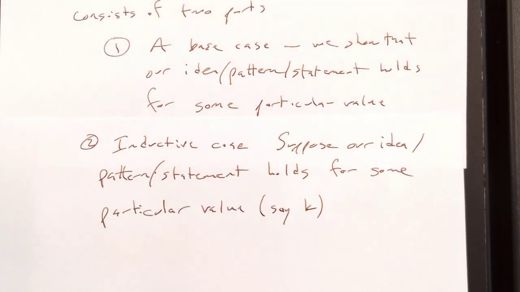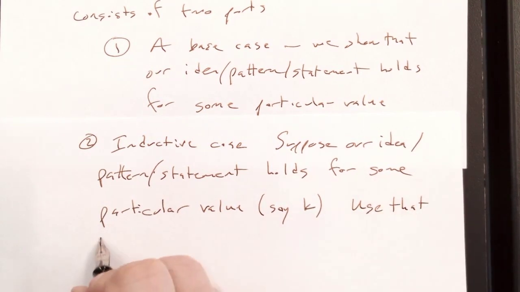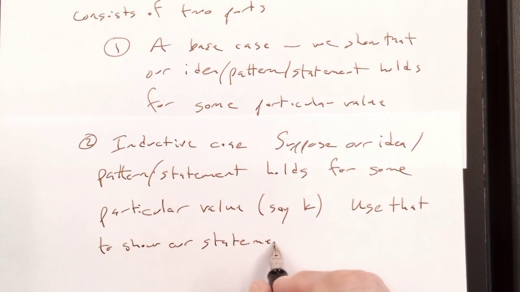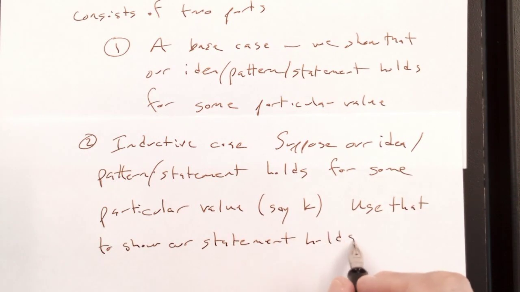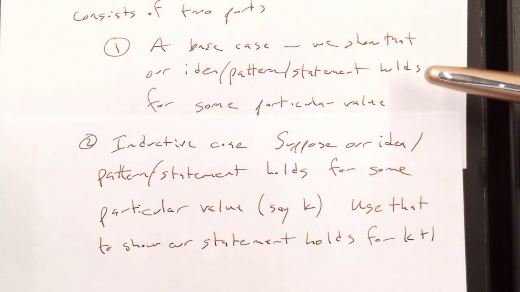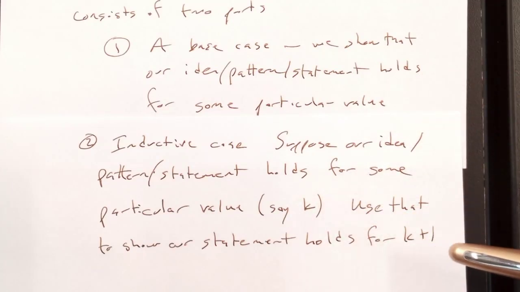Use that to show it's true for the next one. From the floor, I can get on the ladder somewhere. And from any given step, I can get to the next one.